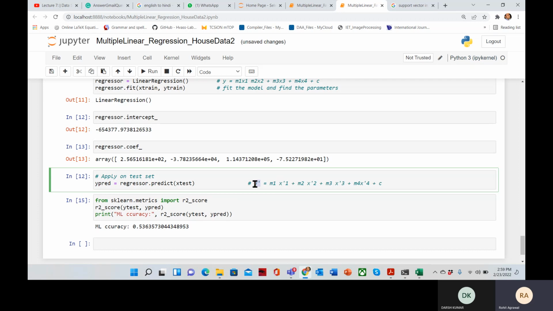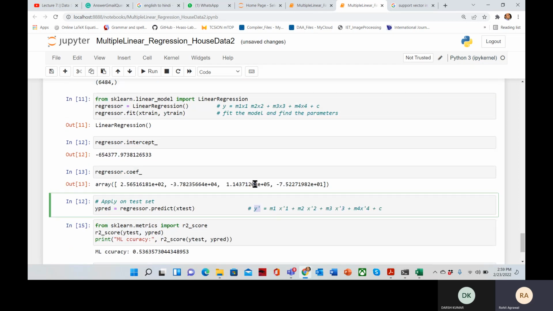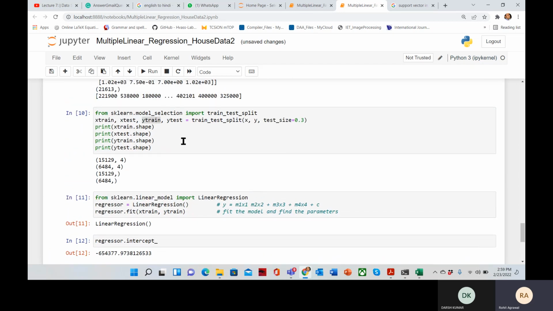And we will compare this predicted y value with the y value that we already have for the testing data, and we will see how close they are. Clear?